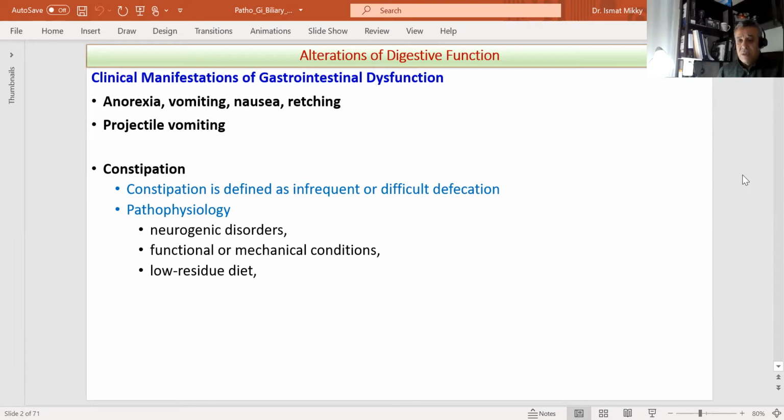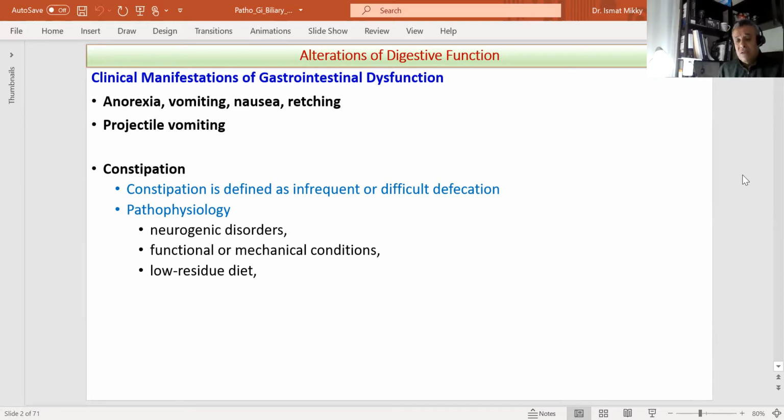Constipation is infrequent or difficult defecation, so either the quantity or the quality of defecation, the frequency or the difficulty of having a bowel movement.